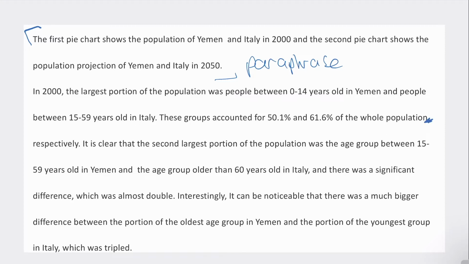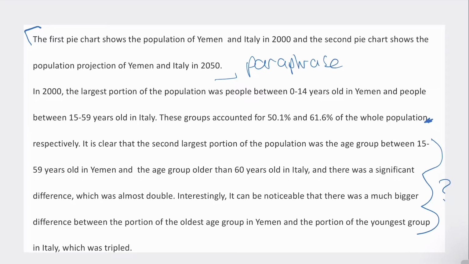It is clear that the second largest portion of the population was the age group between 15 to 59 years old in Yemen and the age group older than 60 years old in Italy, and there was a significant difference, which was almost double. Interestingly, it can be noticeable that there was a much bigger difference between the portion of the oldest age group in Yemen and the portion of the youngest group in Italy, which was tripled. Okay, so here, there's nothing really wrong with the grammar, but what is kind of confusing to read to me is the logic of why they're comparing the sizes of different age groups.